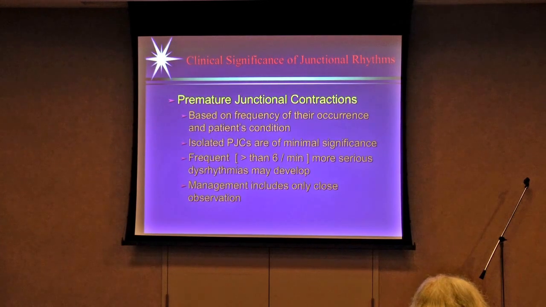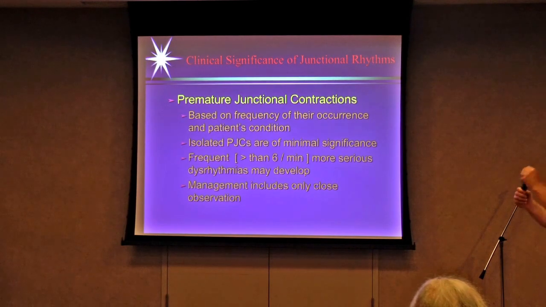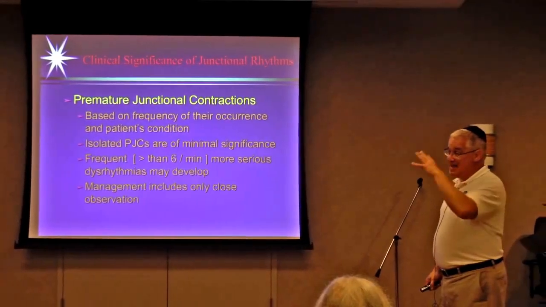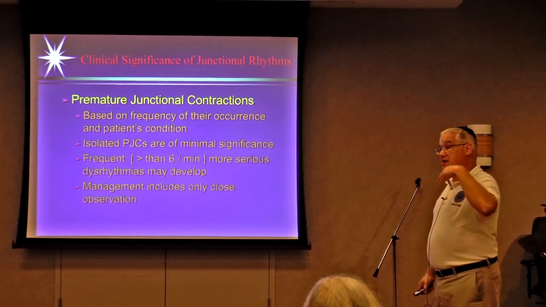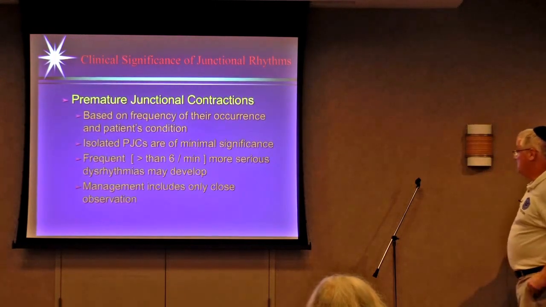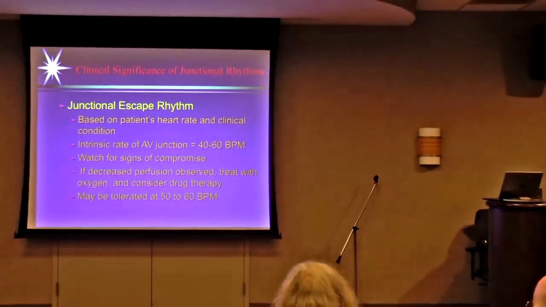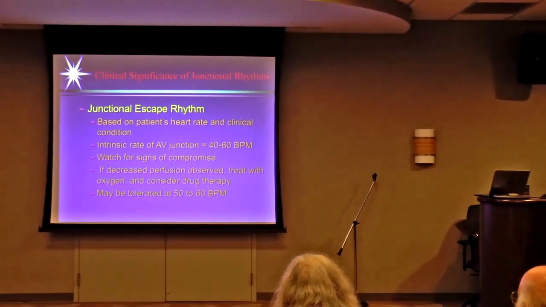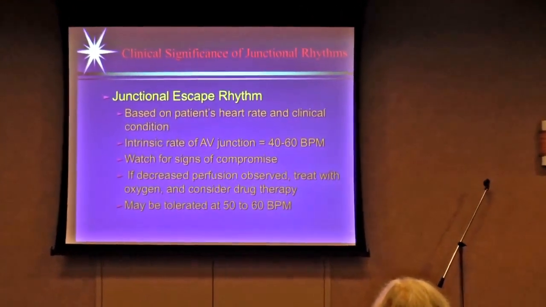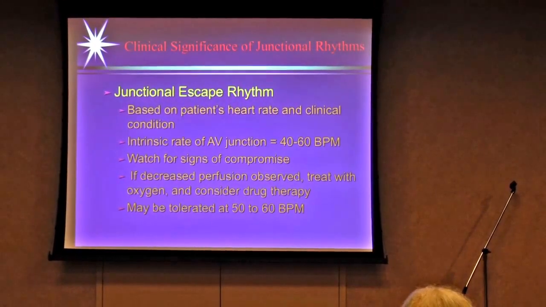It's most concerning when you have premature beats and they do not conduct. Because if they don't conduct and make a mechanical contraction, then the heart rate slows down. So it'll be symptomatic. It's not the complex, it's the fact that they don't actually contract and make a mechanical contraction that makes them more serious. Okay? A junctional escape rhythm, the only reason we're really concerned about it is it may be slow, and the fact that the SA node and the atrium are not the dominant pacemakers anymore.